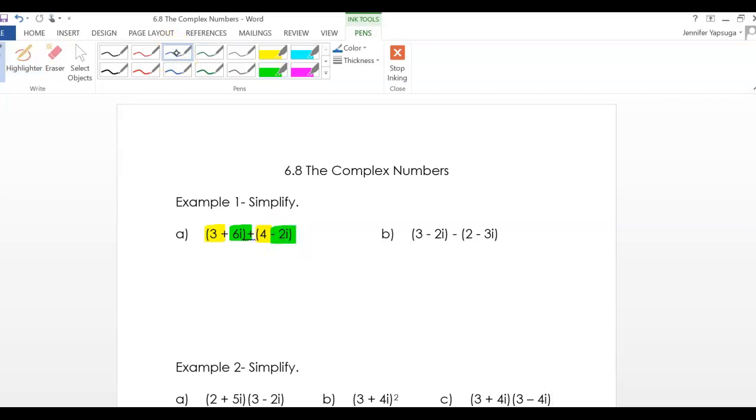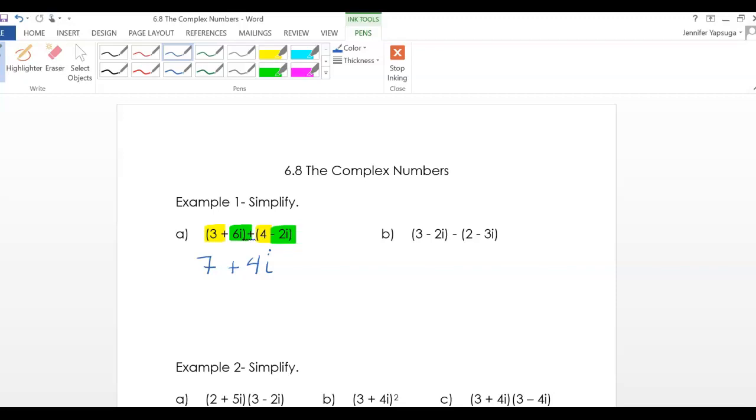So we combine them together, and we get 7 plus 4i. And that is as far as you can simplify it.